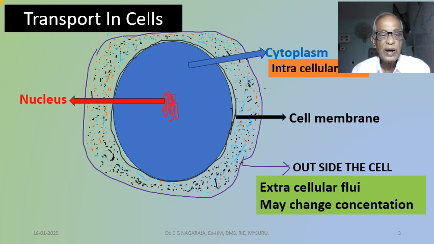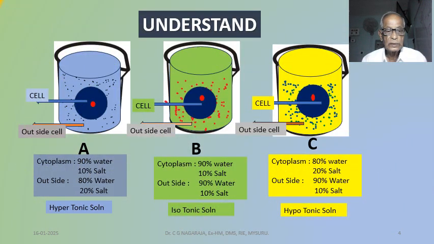Let us go to the next PPT. Three diagrams I have drawn here, labeled A, B, C. They are beakers.